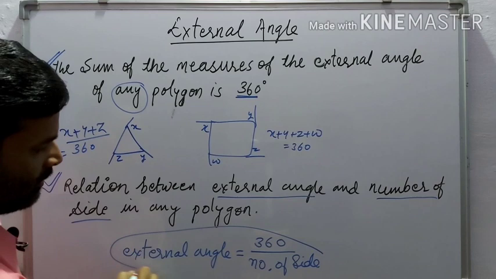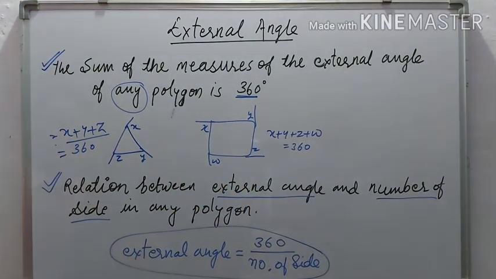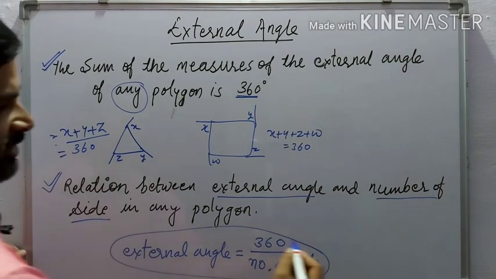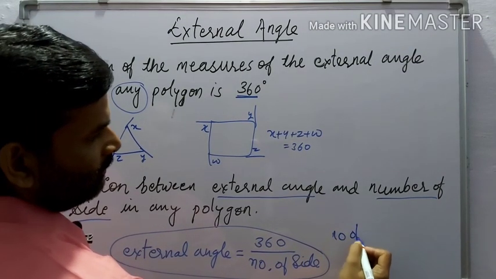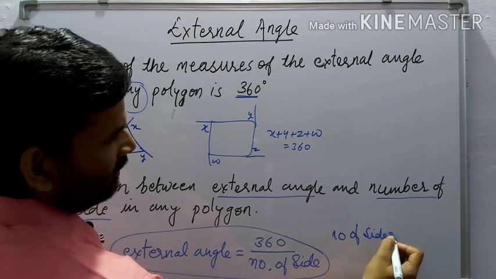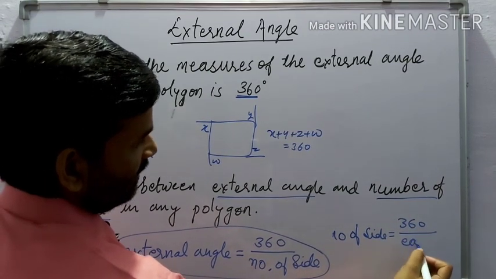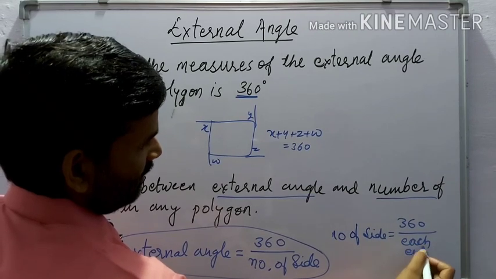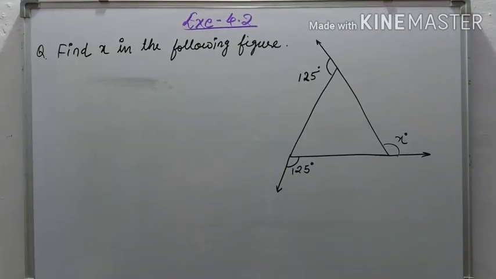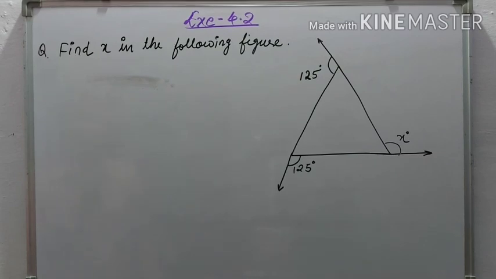This is the formula to find the number of sides of any polygon. Given two quantities, the exterior angle and 360, which is a constant, you can find the number of sides. Number of sides is 360 upon each exterior angle. Now start Exercise 4.2.